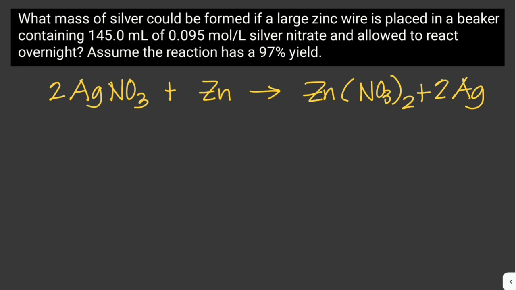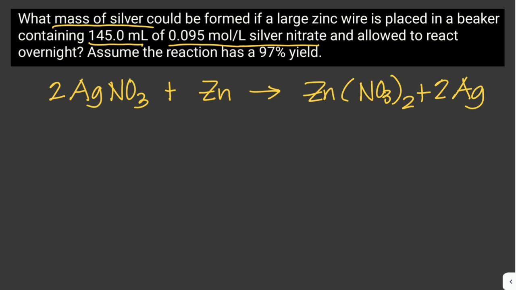So we're given here 145 milliliters of 0.095 molar silver nitrate, or mol per liter silver nitrate, and also the percent yield, which is equal to 97%. We are asked for the actual yield, or the mass of silver that could be formed in the reaction.